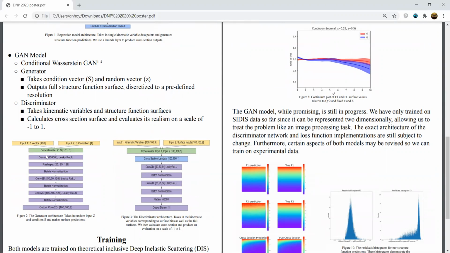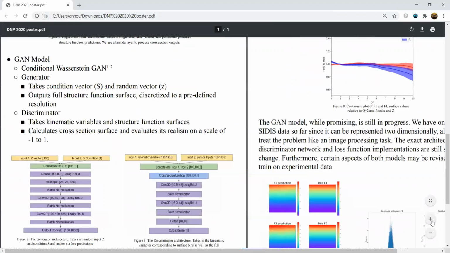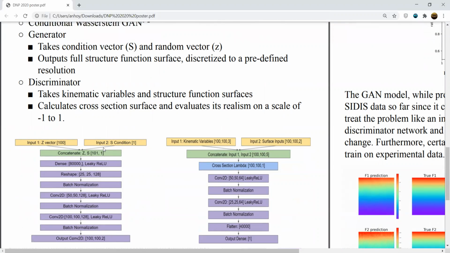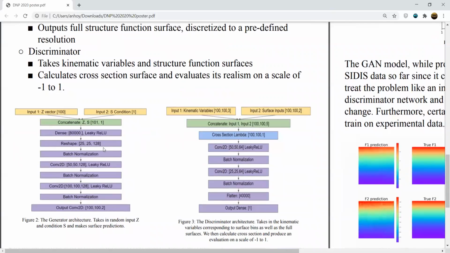The first model is a generator, which takes in a random input vector, and in our case, a condition S, which is a kinematic variable determined by the beam energy of your specific event.